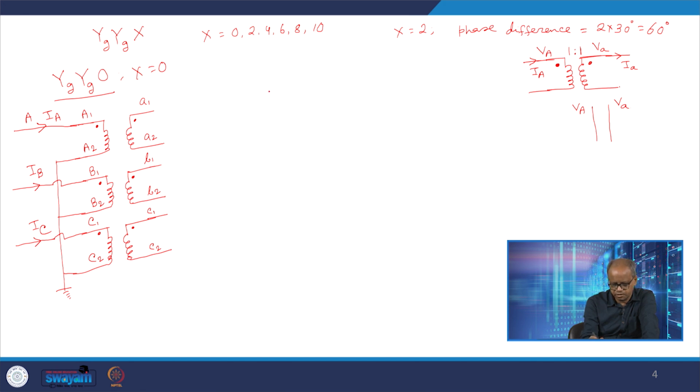The phasor diagram at the primary side: this is grounded.